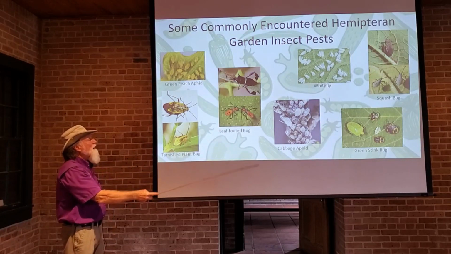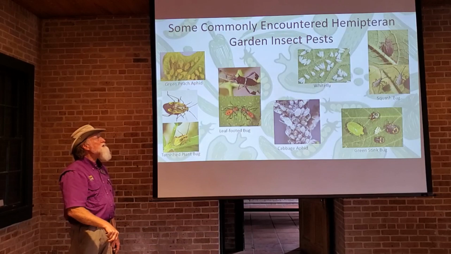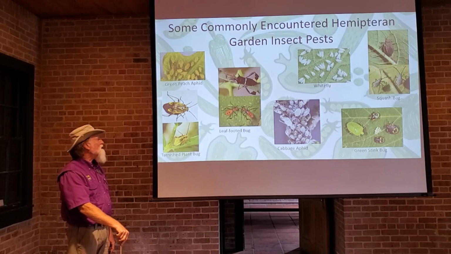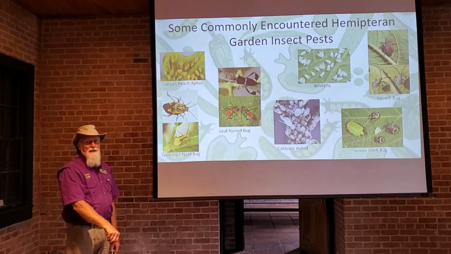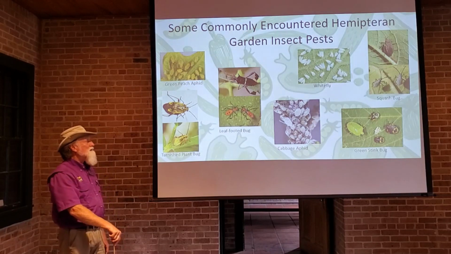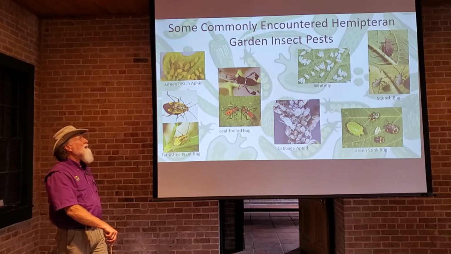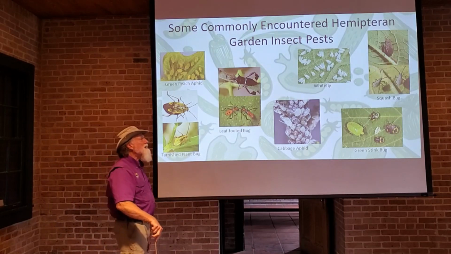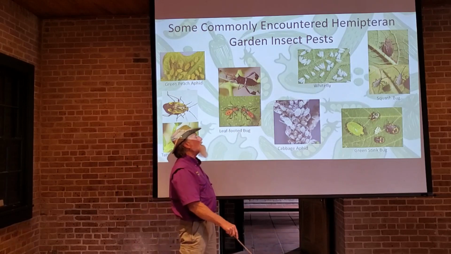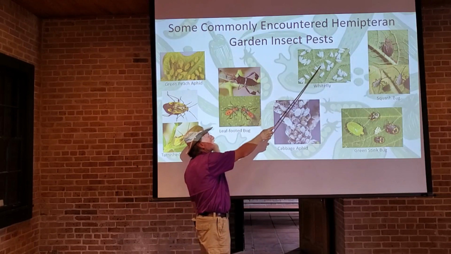But these are all insects with piercing, sucking mouth parts. So they're going to cause destruction by piercing into the plant tissue and sucking out the sap from the plant, and that's how they cause damage. If the population gets really high, they can do major damage to your vegetables.